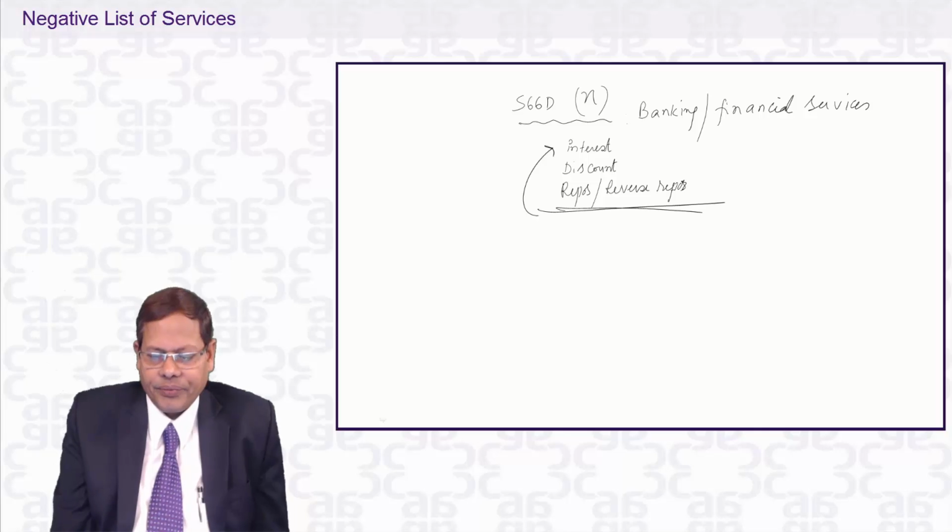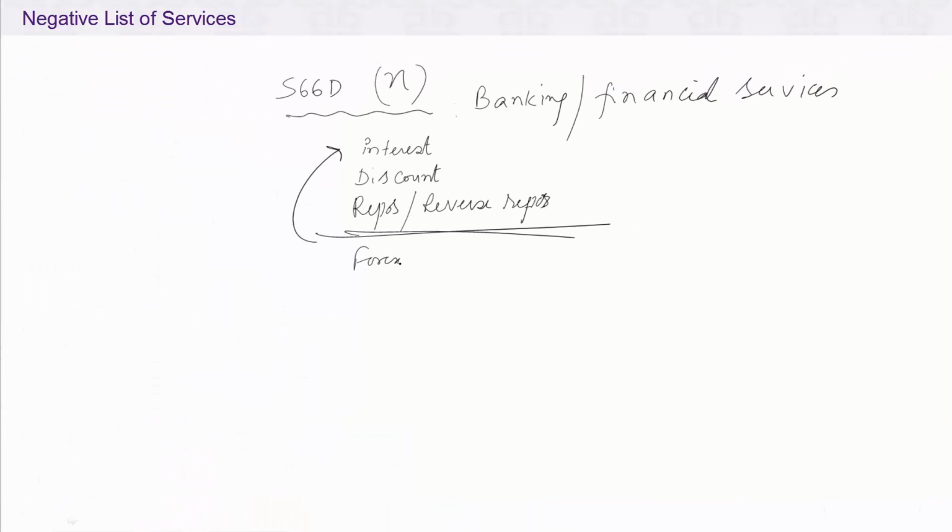And similarly, forex inter-C transactions. What do you mean by inter-C? Within themselves. For example, among banks, one bank dealing with another bank with regard to forex exchange, or an authorized dealer under FEMA.